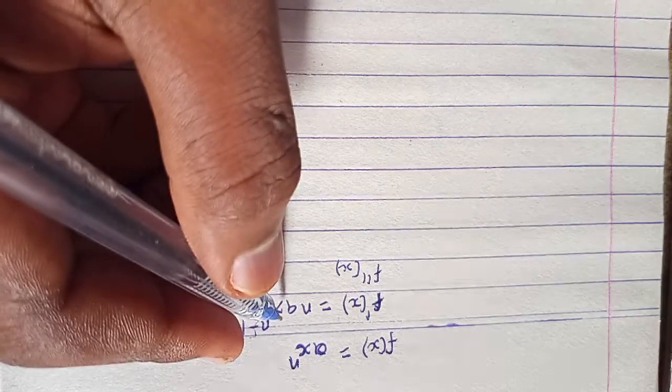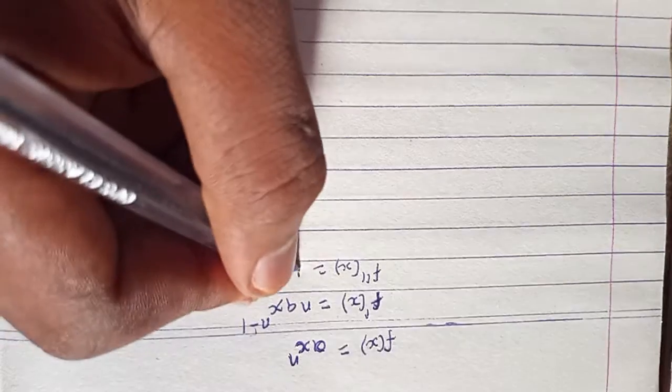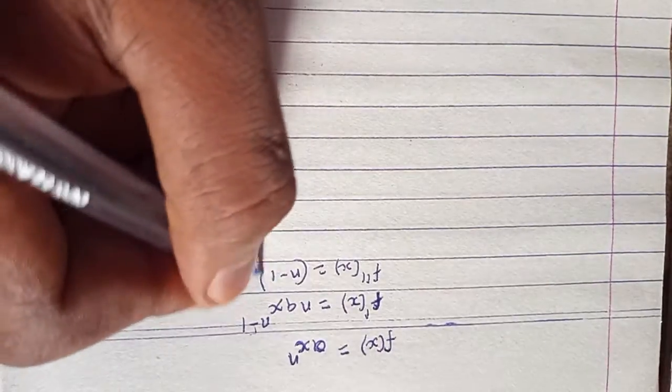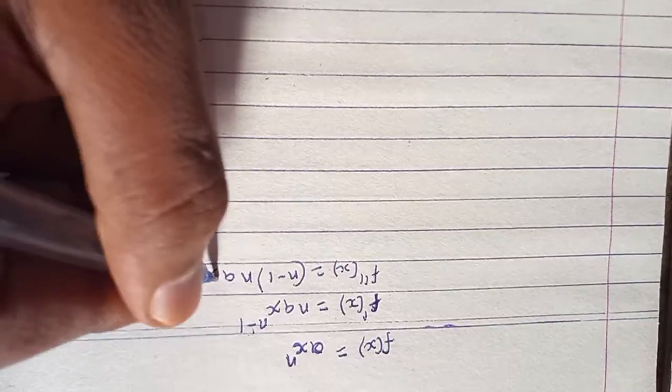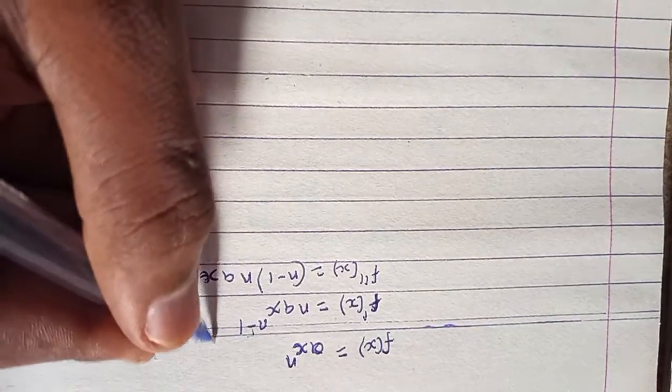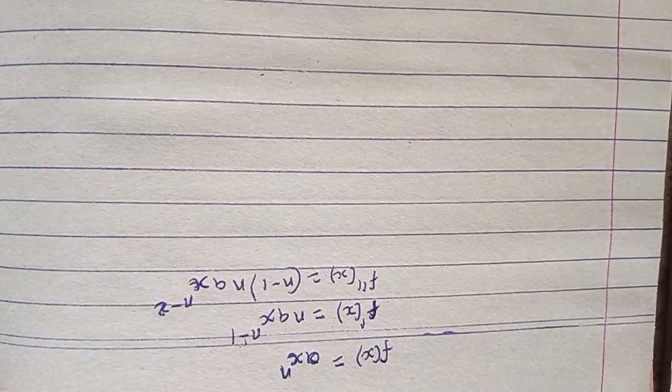This one becomes a constant. So you have n minus 1 multiplying by n multiplying by a x, then you have minus 1 on top there. It will now be minus 2. Have you seen that?